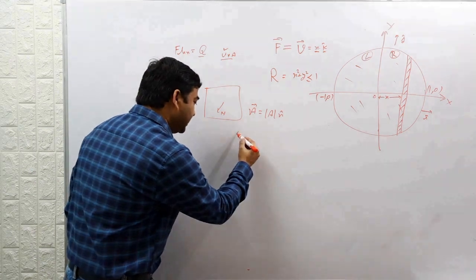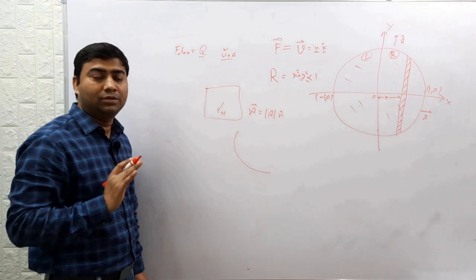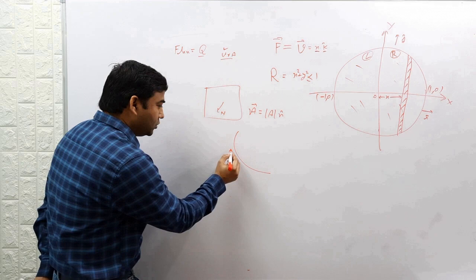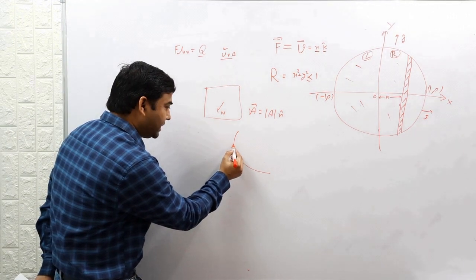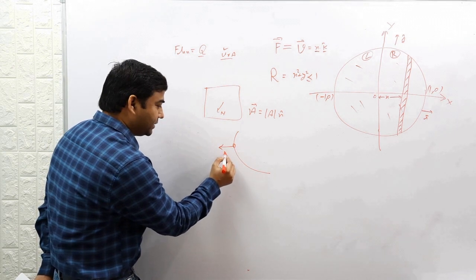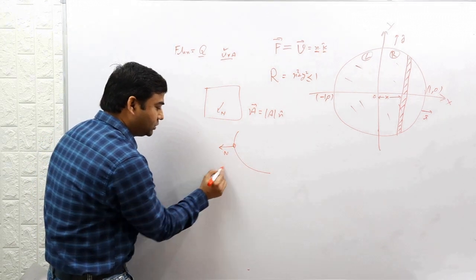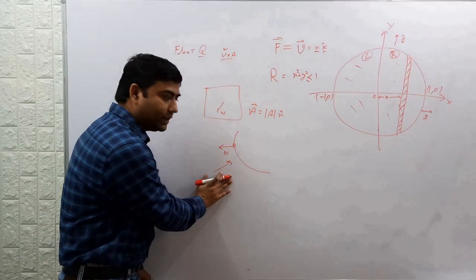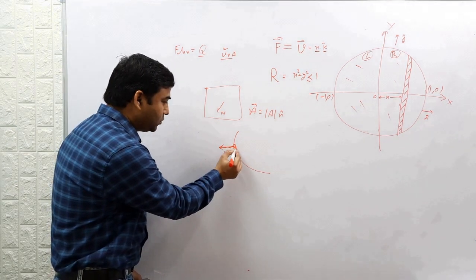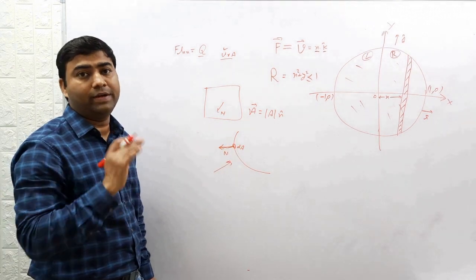But for a curved area, you don't have this choice. Suppose this is a curved area, and this is dA. When you see this surface from outside, from the convex side, you have to choose the normal direction of this small element area dA as the direction of its area vector.